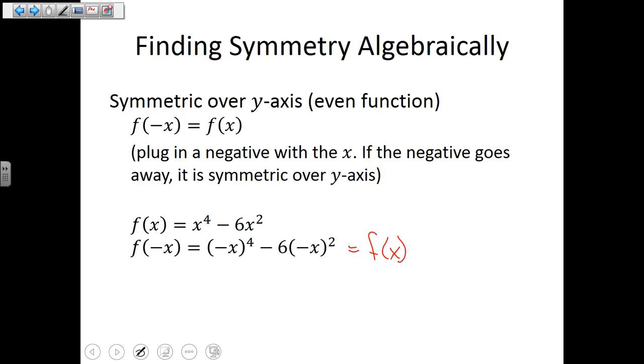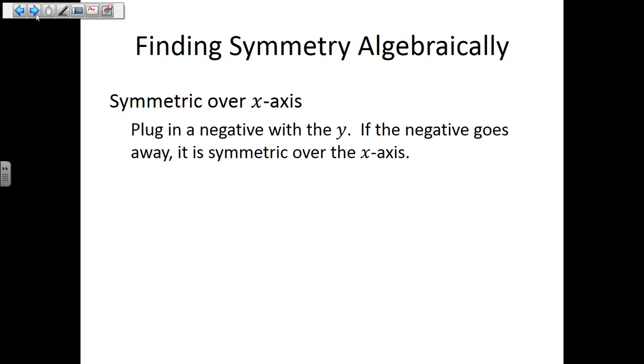To test if it's symmetric over the x-axis, we're going to plug a negative in with the y. I know it sounds a little bit weird, but testing for symmetry over the y-axis, we plug a negative in with the x. If we're testing for symmetry over the x-axis, we plug a negative in for the y. Again, what we're looking for is squares that are not going to preserve that negative.